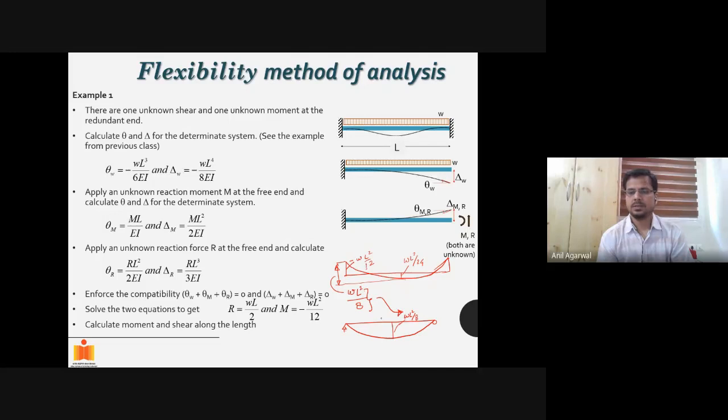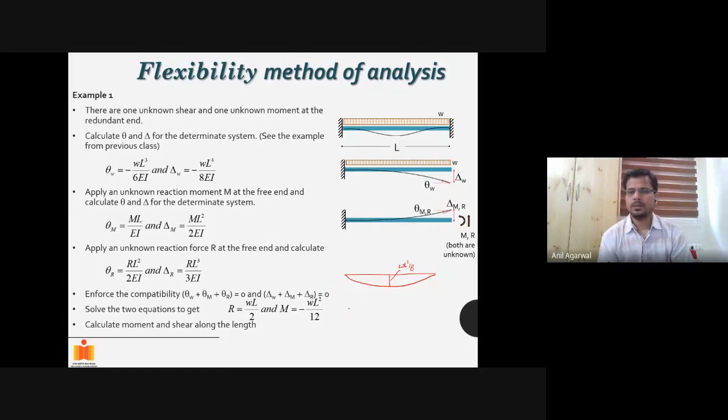All it means is that I had a simply supported beam. I had applied uniformly distributed load on this. I got a bending moment diagram of this one, which had a WL square by 8 moment here.